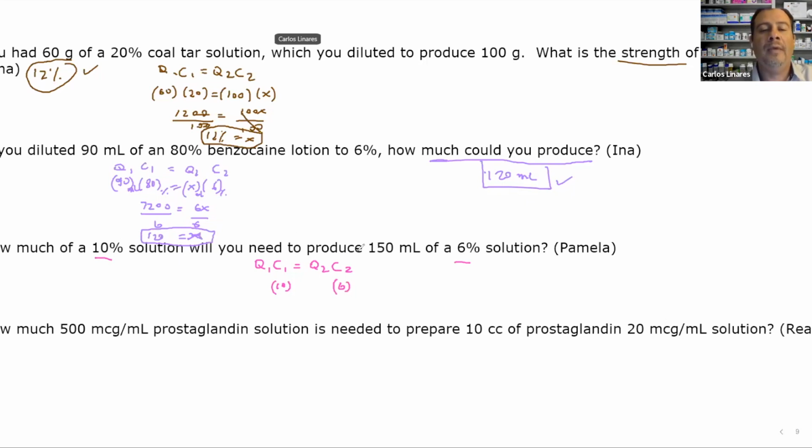Great. How much of a 10%? So this how much is related to the 10%. Will you need to produce 150 of a 6? So this 150 is related to the 6%. You know, Spanish people, when they get married, they say Pamela Garcia de Linares.